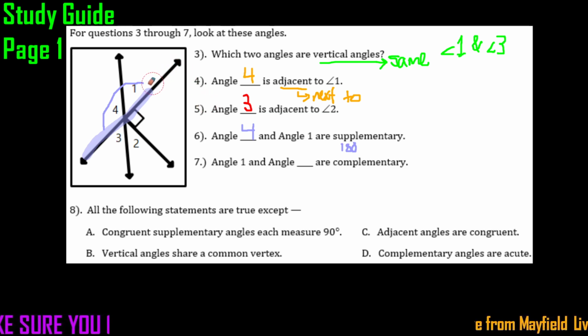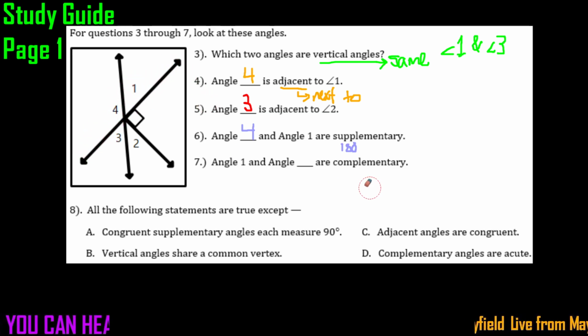For the next one, it says angle 1 and angle blank are complementary. This one's a little bit trickier, but we can break it apart. Complementary means their sum is 90. And if I look, I know that angle 1 and angle 2 added together are going to be complementary.